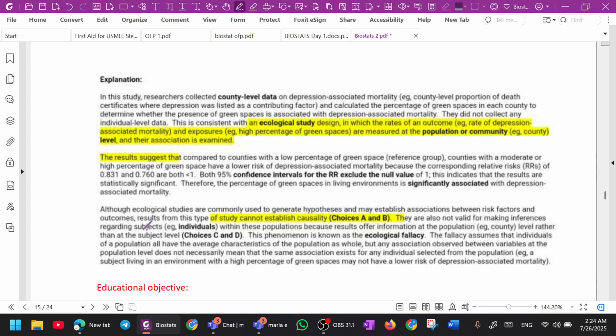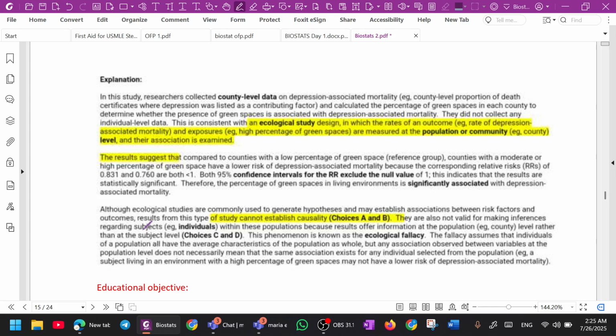Both 95% confidence intervals for the relative risk exclude the null value of 1. This indicates the results are statistically significant. Therefore, the percentage of the green space in living environment is significantly associated with depression associated mortality.